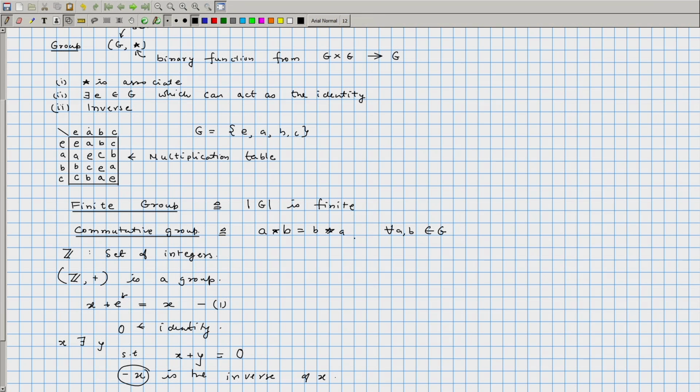Now not just this, if you look at the set of rational numbers, they also form a group under addition.